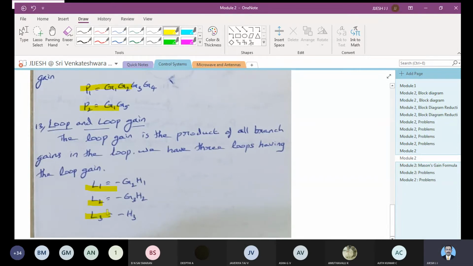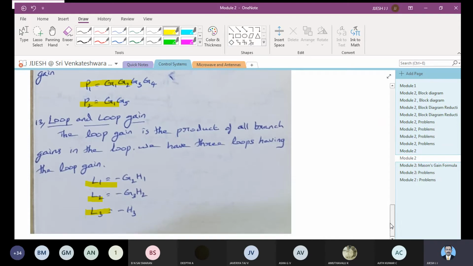Beyond these two forward paths and three loops, nothing else is possible. So this is what you can see here. If you are clear with it, any doubts? No, sir. Yes, so this is very important.